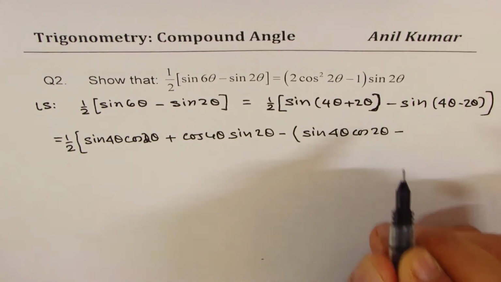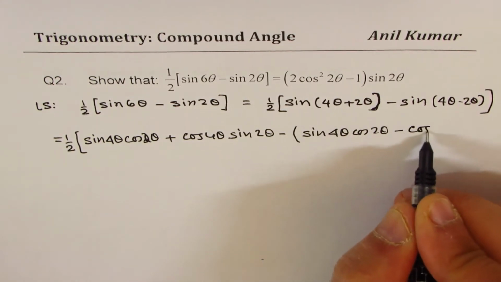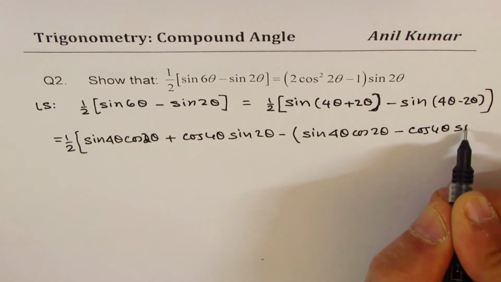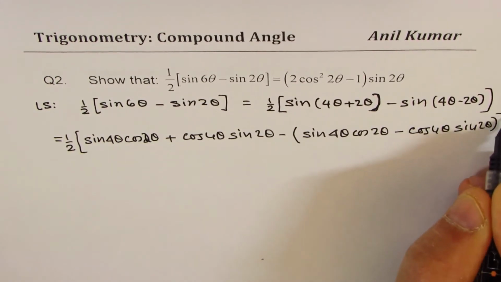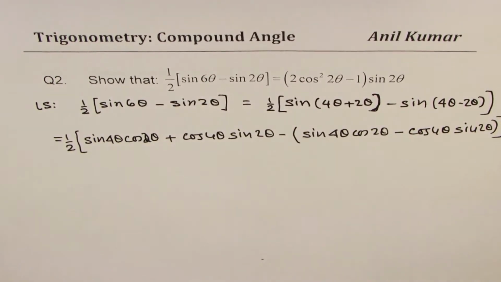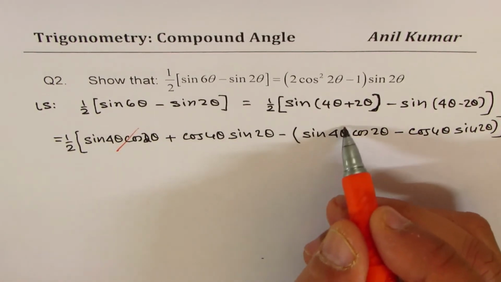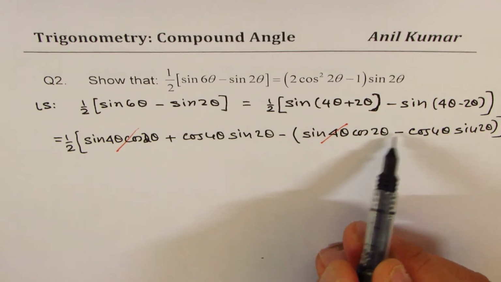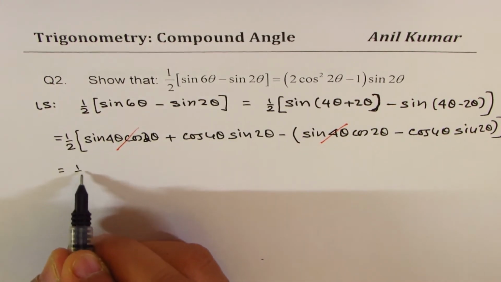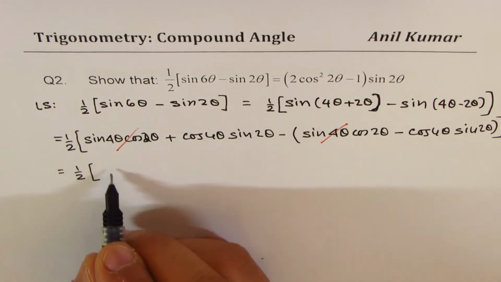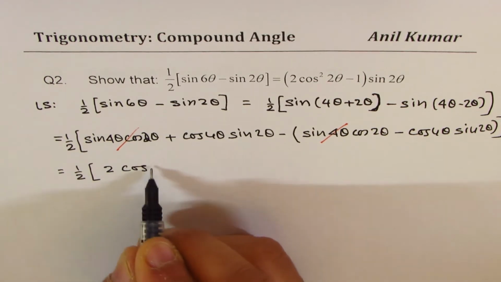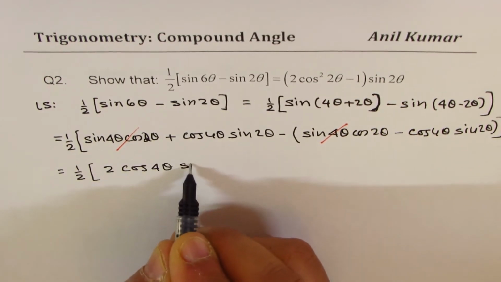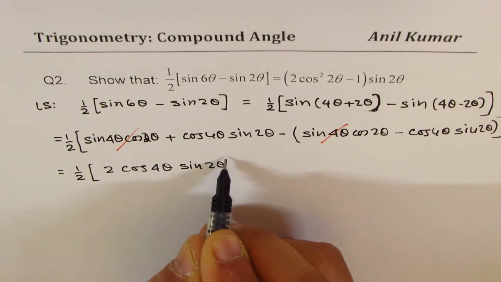Since this is minus, it will be negative. Cos of 4 theta sine of 2 theta, right? Now from here, you will see that the first term gets cancelled. The other term, minus and minus, makes it plus. So what we get here is half of 2 times cos 4 theta sine 2 theta, right?